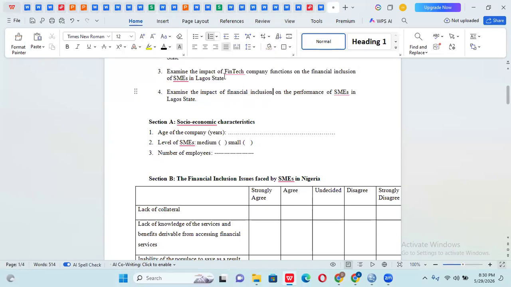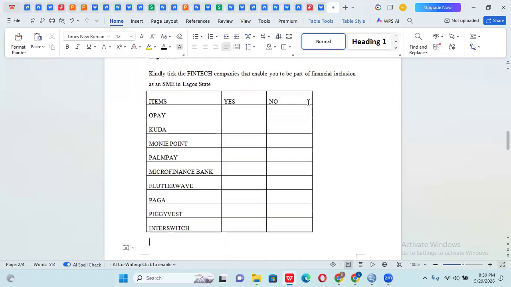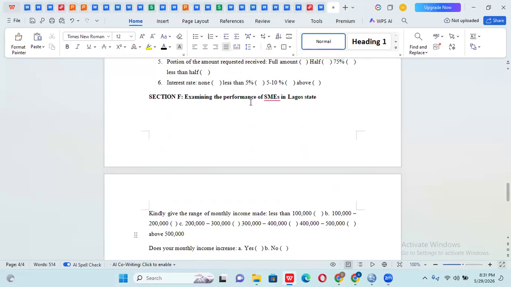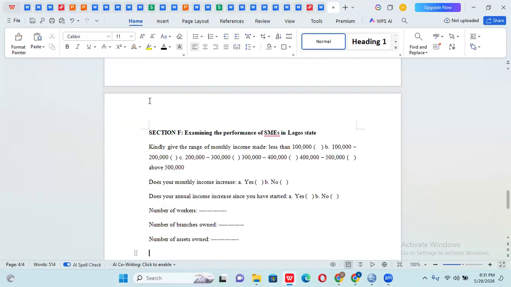So the only variable we've not measured in this objective is performance. We have a data set on financial inclusion already. So the questions I will need to draw out are the questions on performance. So: examine the performance of SMEs in Lagos State. We have that here now. Am I right?